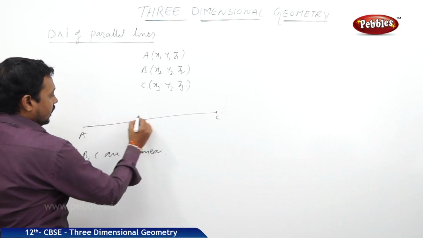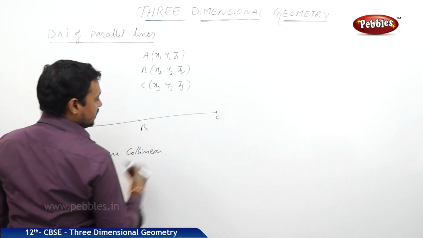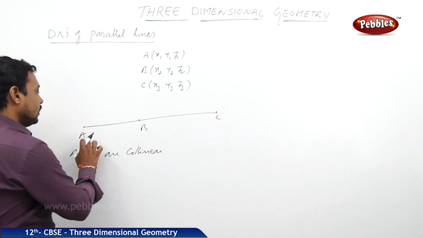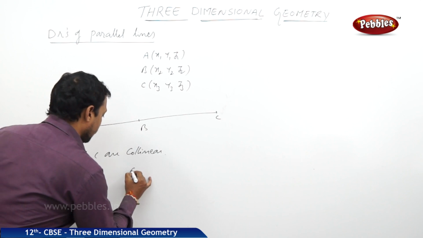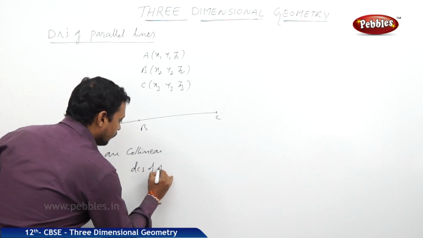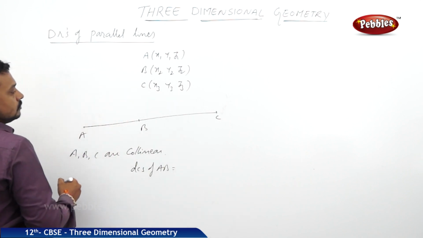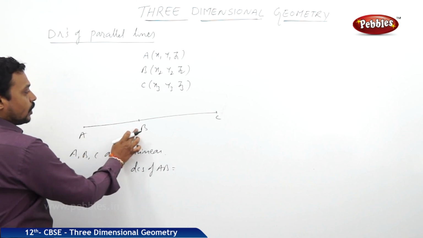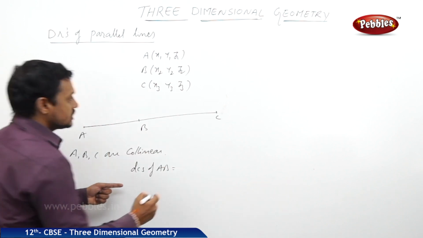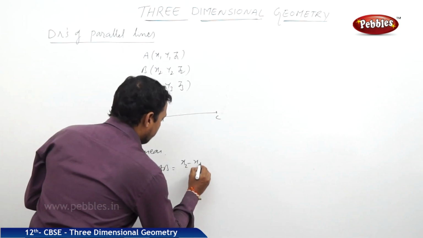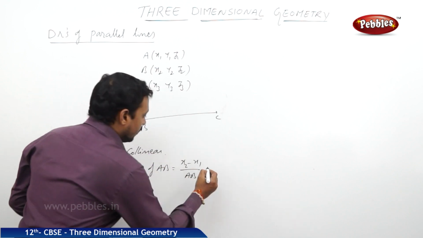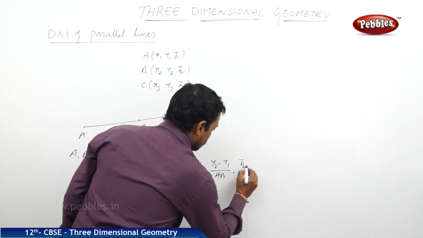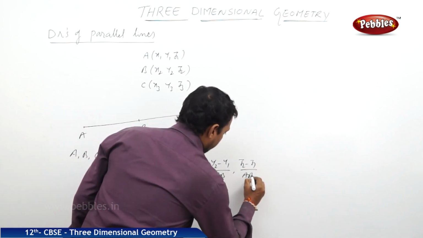Then AB is collinear with BC, or AB is parallel to BC. Now let us find the DCs of AB. It is already defined: the direction cosines of a line passing through 2 points, that is x2 minus x1 by AB, comma, y2 minus y1 by AB, comma, z2 minus z1 by AB.